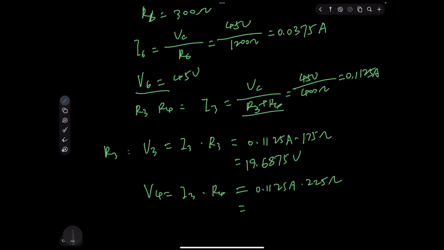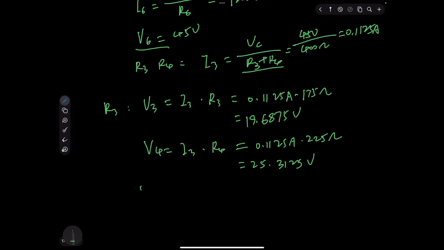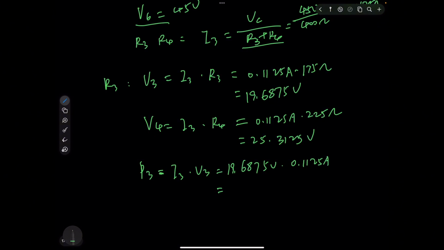So 0.1125 times 225 will be 25.3125 volts. And for the power, P3 equals I3 times V3, equals 19.6875 volts times 0.1125 amps. That's 2.2 watts.